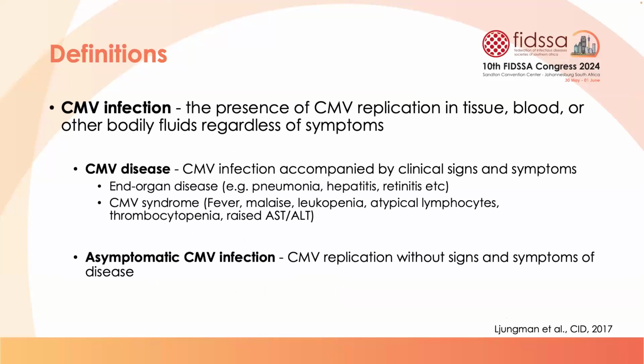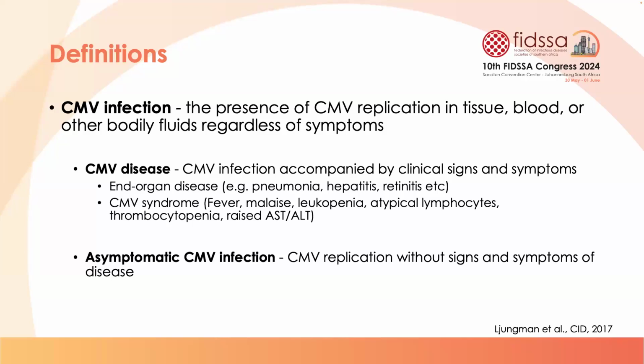So CMV infection is the presence of CMV replication in tissue, blood, or other bodily fluids. That is replication regardless of symptoms. And then you can divide CMV infection into CMV disease, which is CMV infection with clinical signs and symptoms.